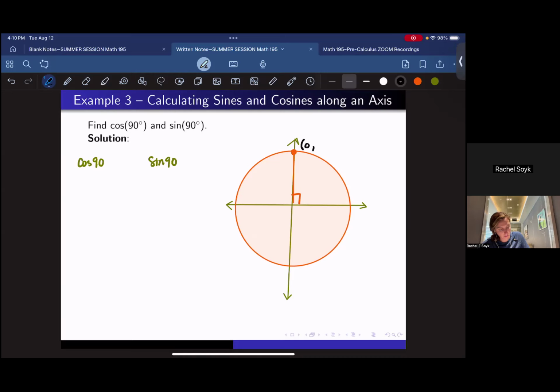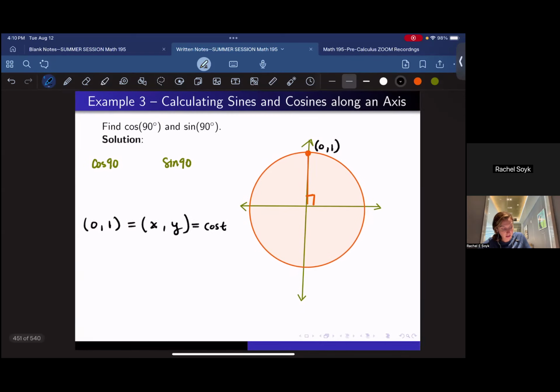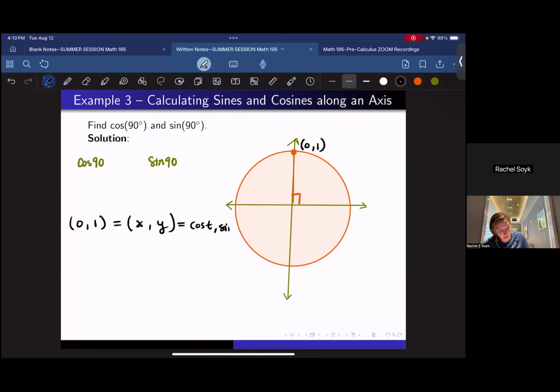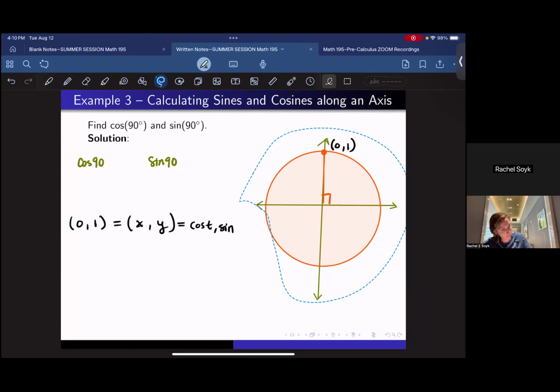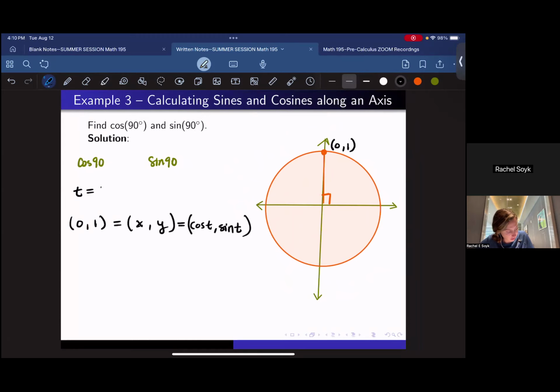This is just (0, 1). Well, (0, 1) is our x, y. This is our cosine of t, sine of t, t being 90 degrees.